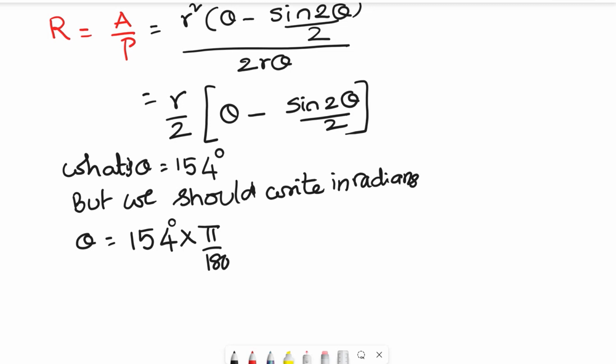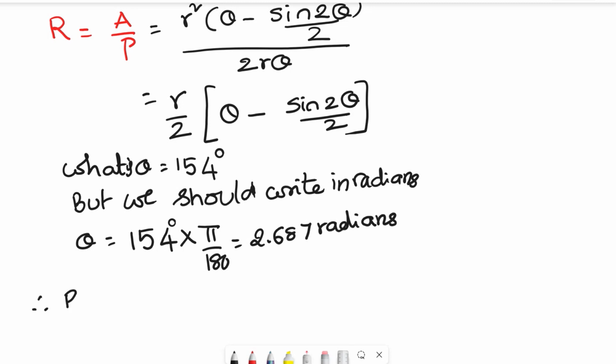This is how we will write it. So if I write like that, how much will it be? It will be 2.678 radians.